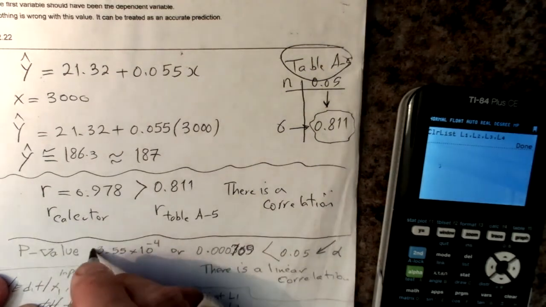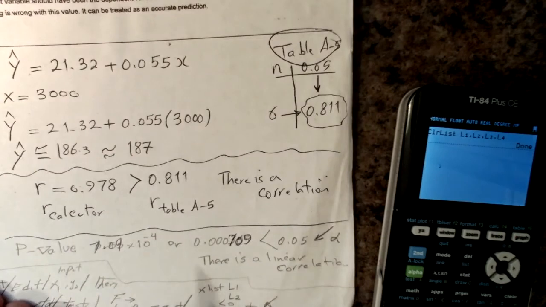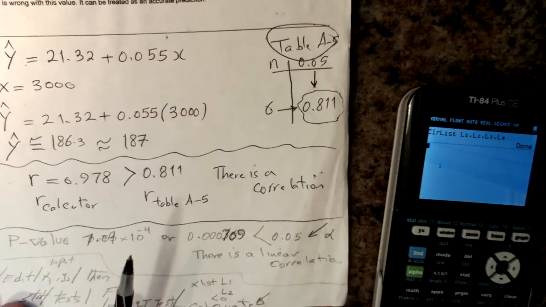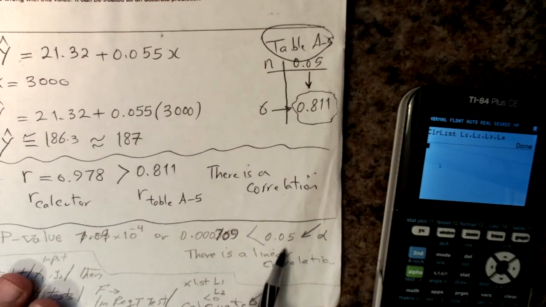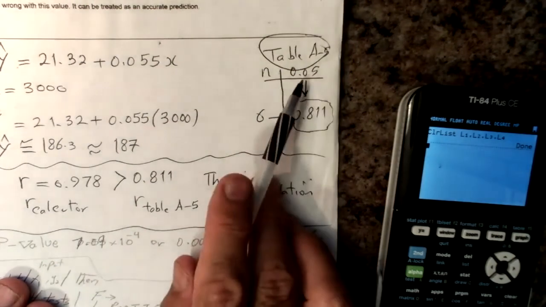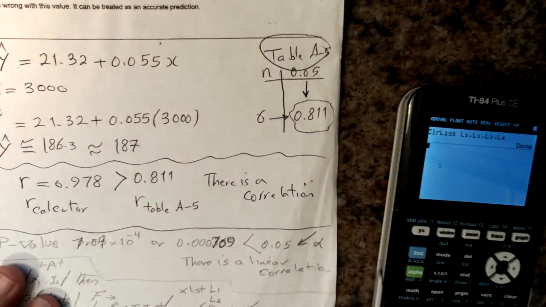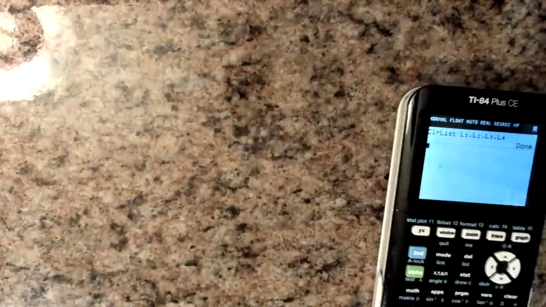So the second method is your p-value. If the p-value is less than alpha, 0.05, then you can use the equation. We'll talk about this alpha in future sections. All right, so that would be the end of chapter 2.